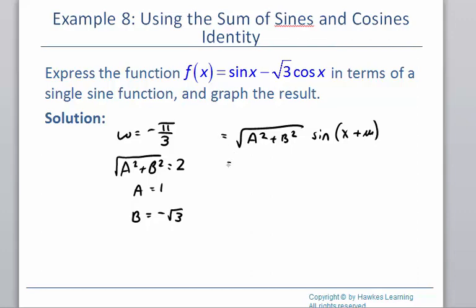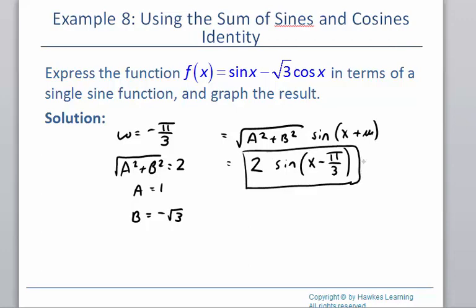All right, and we're going to plug in what we know. We know this square root's equal to 2. And we know that our angle is negative pi over 3. And so this will be our answer. This is a single sine function. And we have expressed the original function in terms of that single sine function.